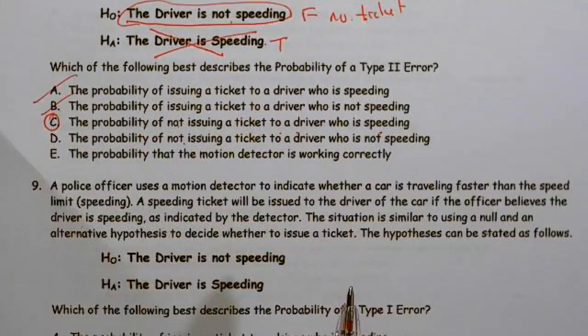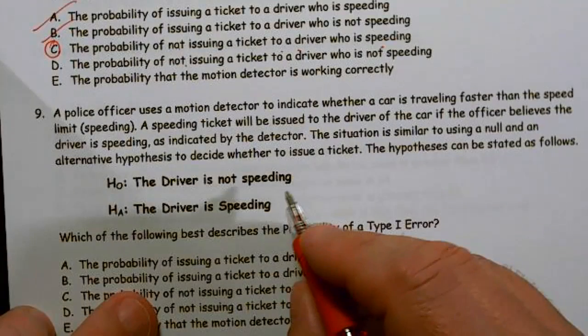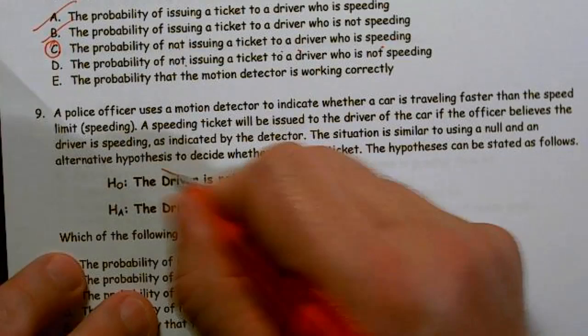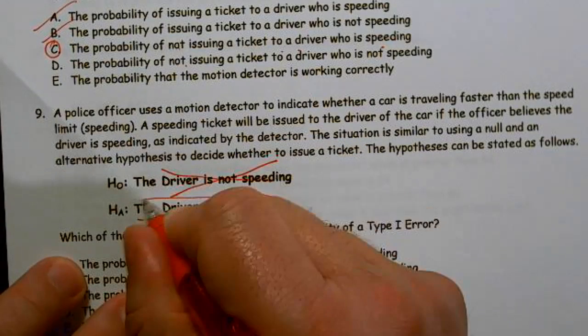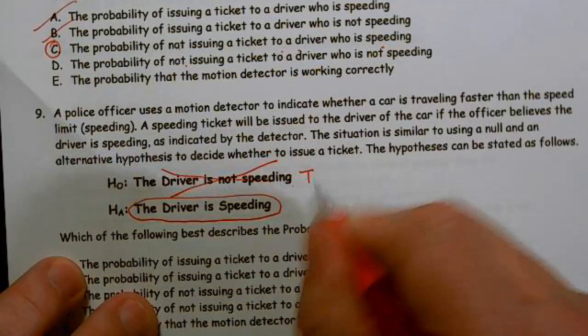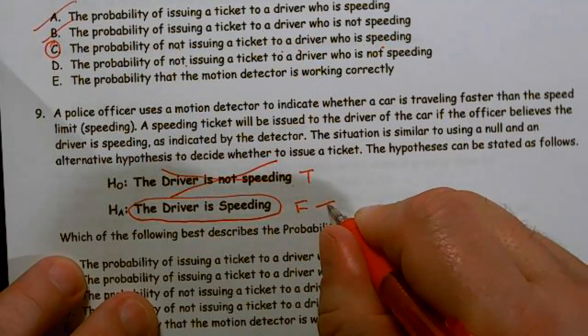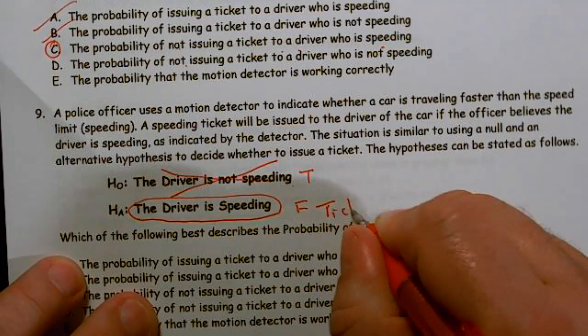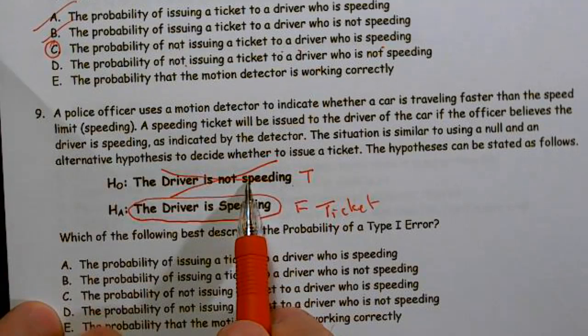Number 9, same scenario, but they want a type 1 error. Well, on a type 1 error, we rejected the null, but the null was true and the alternative is false. So they're getting a ticket, but they were not speeding.